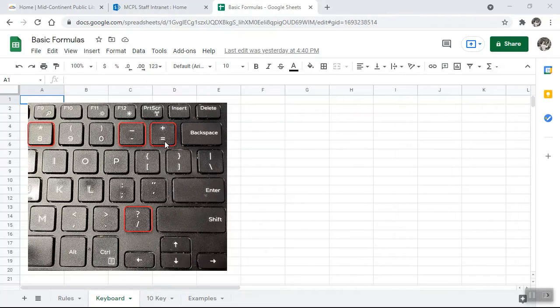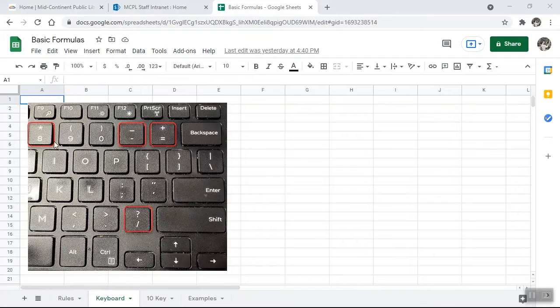To get the plus sign, you simply hold down your shift key as you press down the equals key. So to get a plus sign, again, shift and equals. To the left of that, you have the minus sign, and you don't need to even use the shift key with that. You simply depress that key and it becomes part of your formula.